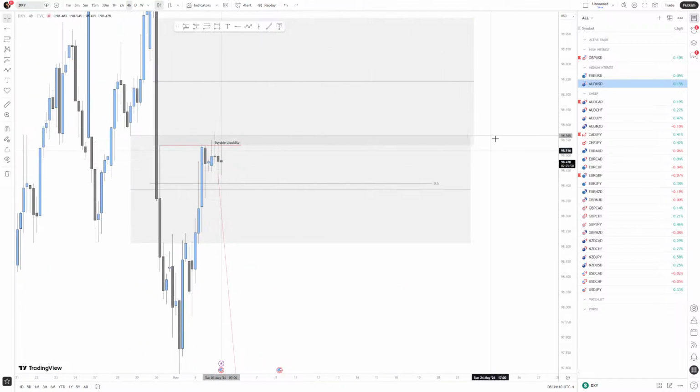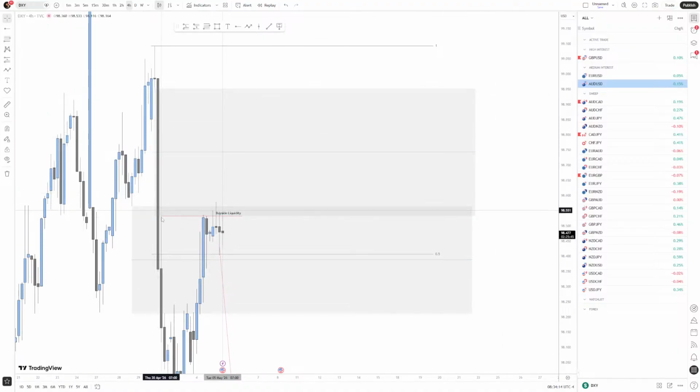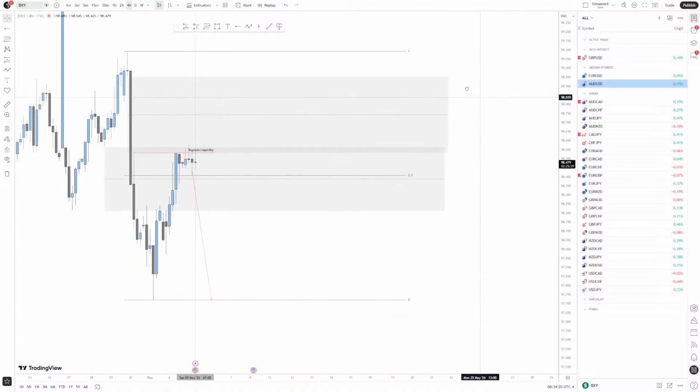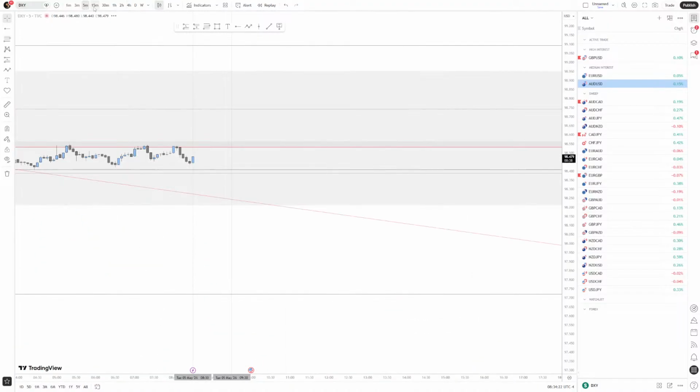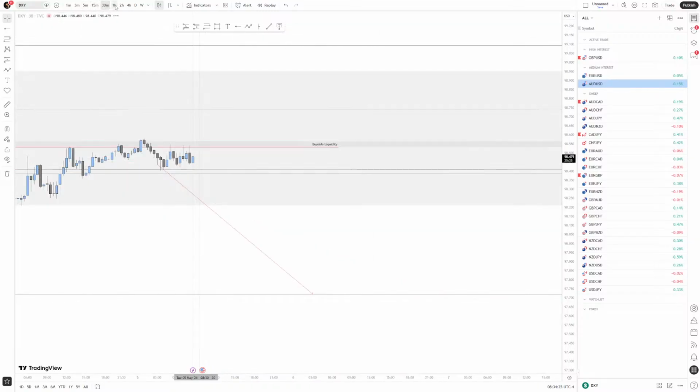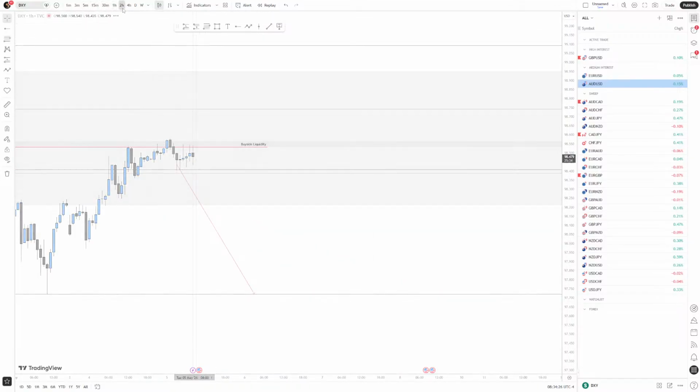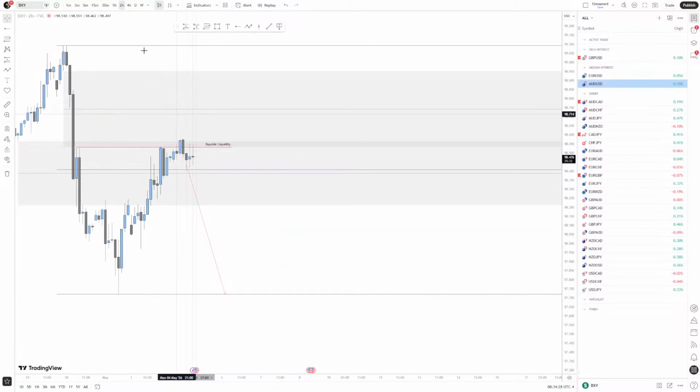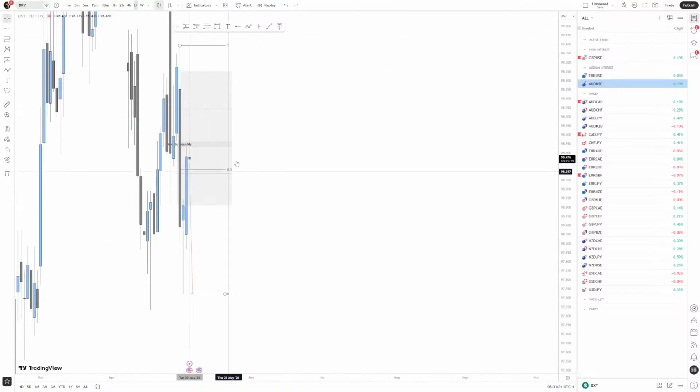So we filled that imbalance. We have not, however, filled the imbalance from here to here, which is on the 4-hourly time frame. So there is some plausibility for price to continue tracing back deeper. So if it goes up, it is potentially possible, but we are bearish because of the overview.